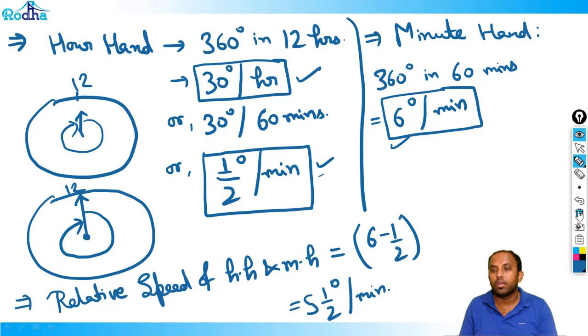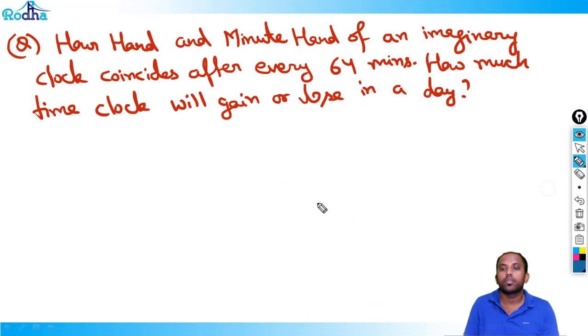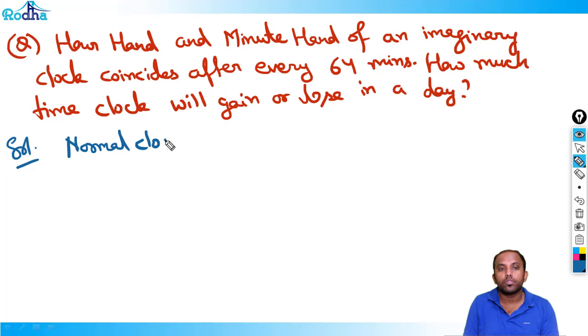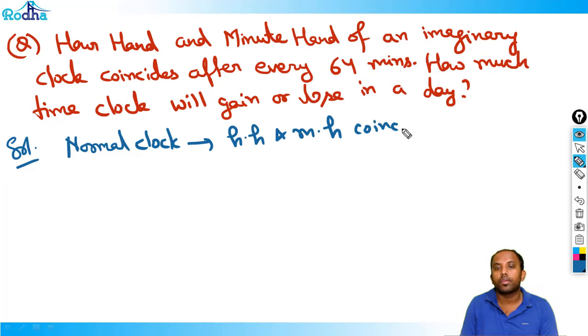Now, here's a question. The hour hand and minute hand of an imaginary clock coincide after every 64 minutes. How much time will the clock gain or lose in a day? What we know is that in any normal clock, the hour hand and minute hand coincide after every 65 5 by 11 minutes.